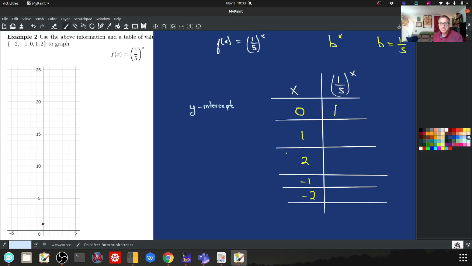Now, what about x is equal to 1? Well, when x is equal to 1, what did we discover? The point 1 and b is on the graph, and -1 and 1 over b.